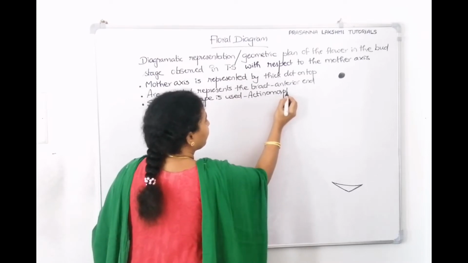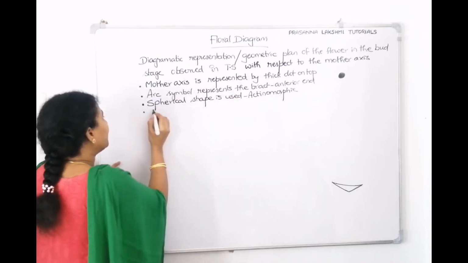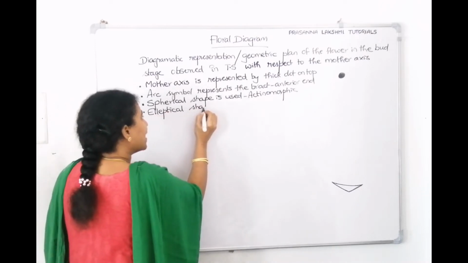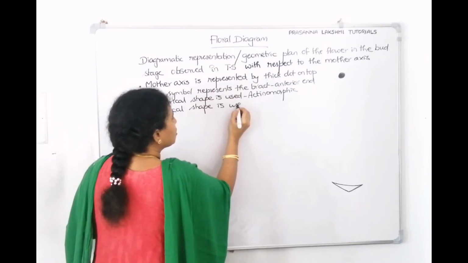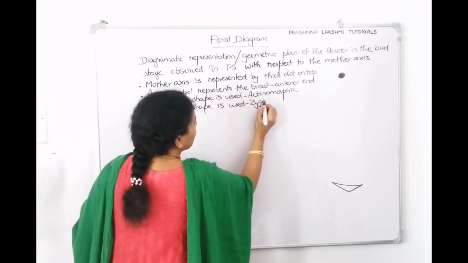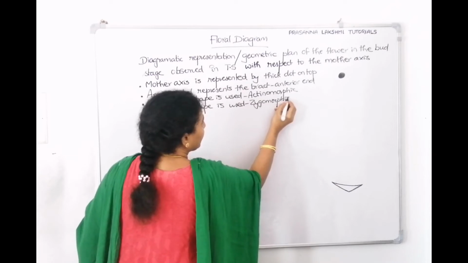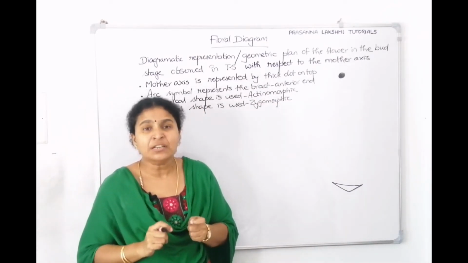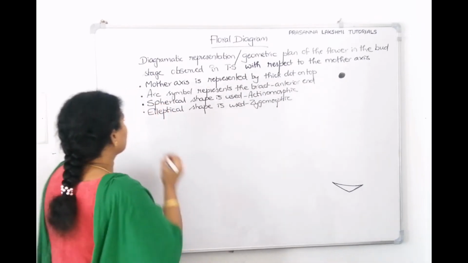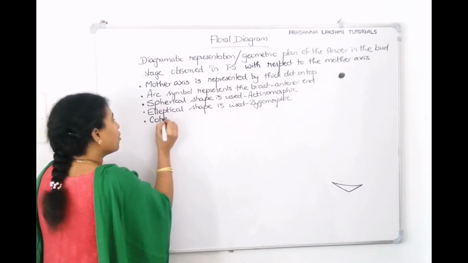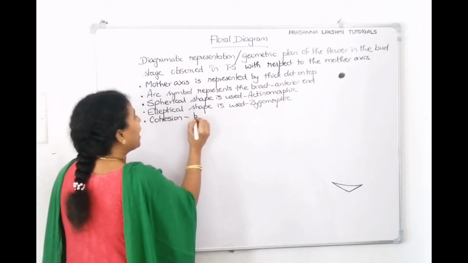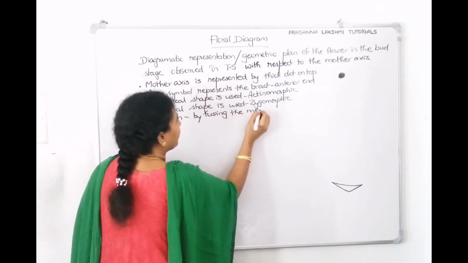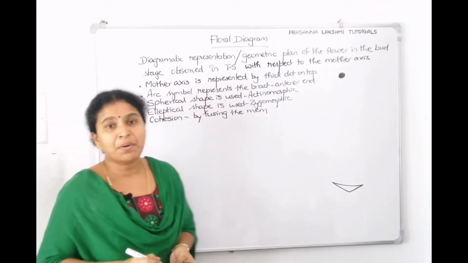And we use an elliptical shape for zygomorphic. Now, cohesion is denoted by fusing the members. Adhesion is denoted by separating the members. So if they are fusing among themselves, cohesion is denoted by fusing the members in the whorl.